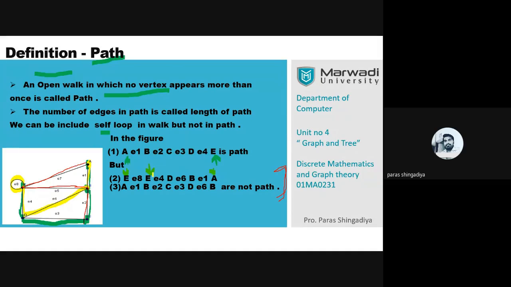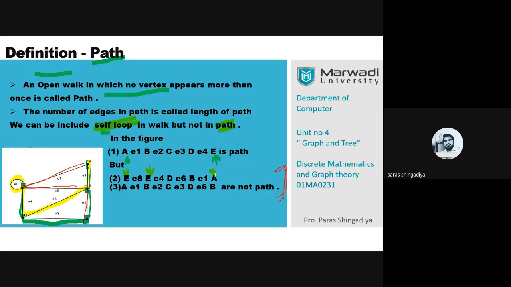And now we can implement this condition. We can include the self loop in a walk, but we cannot use the self loop in a path. Clear? It is a loop here, that is a self loop. We cannot include the self loop in a path. If we include the self loop in a path, the vertex will repeat.